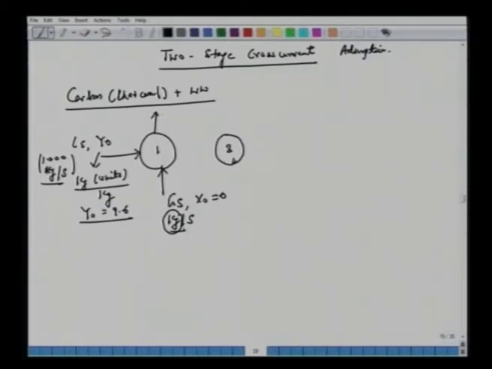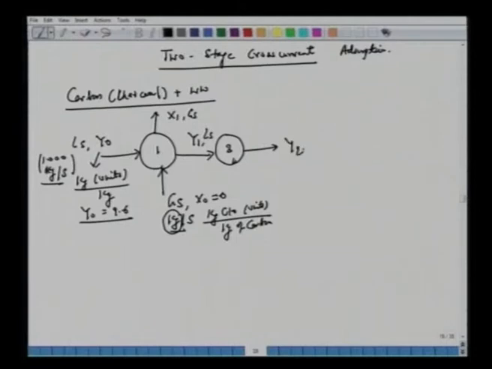After treatment, the concentration is now Y1, in units of color per kg of solution, and X1 is units of color per kg of carbon. After treatment we have this X1; GS remains the same and Ls remains the same, and here we have Y2.